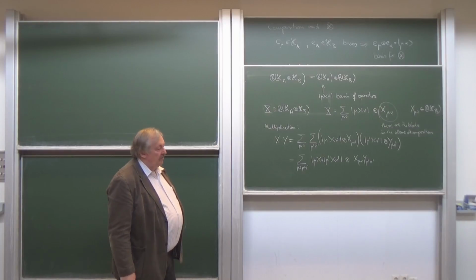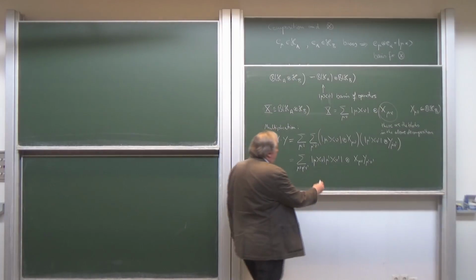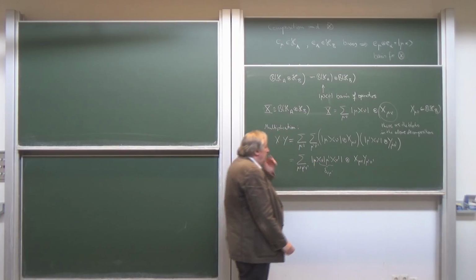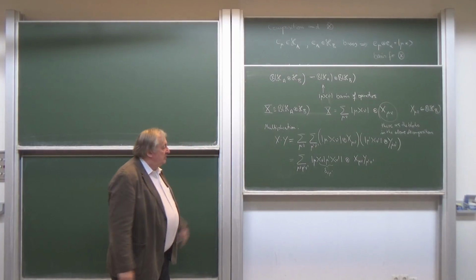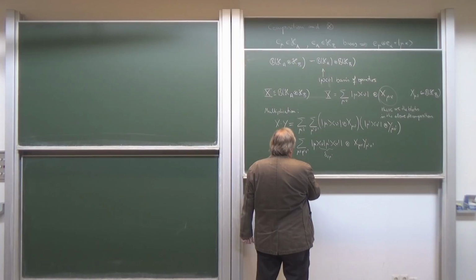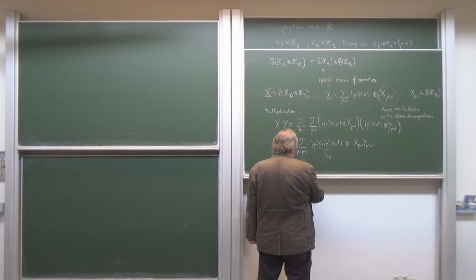Now I can simplify this, because this factor here is the basis, so this is delta mu prime. I can replace the mu prime by nu. So this is the sum over mu and over, let's say, mu prime.